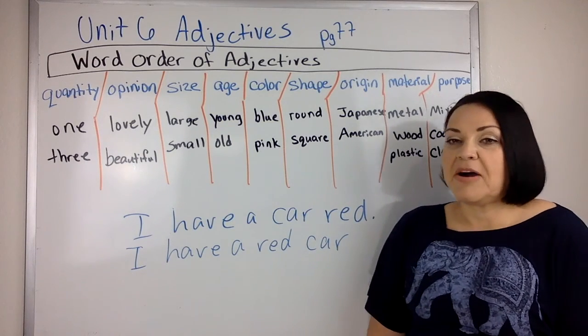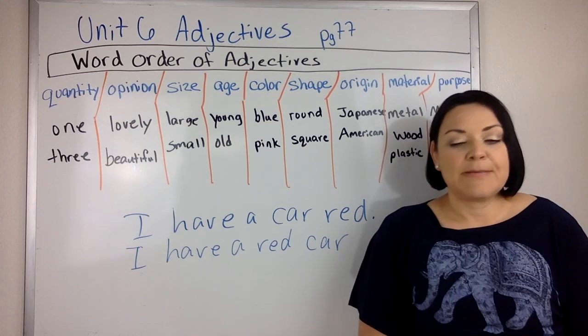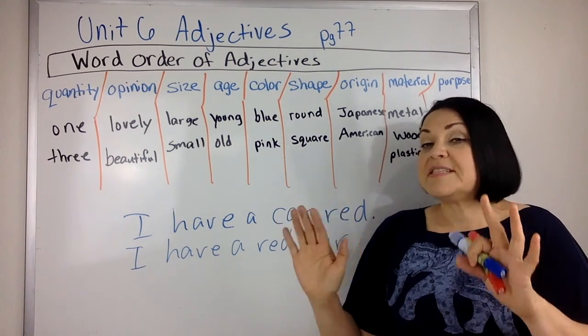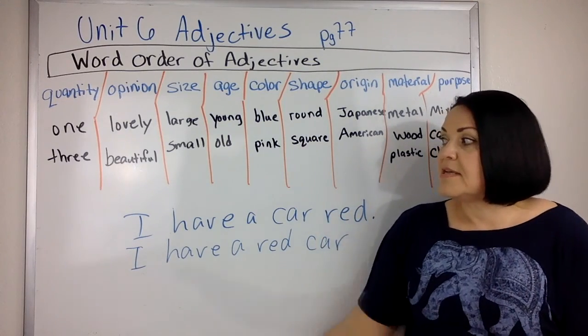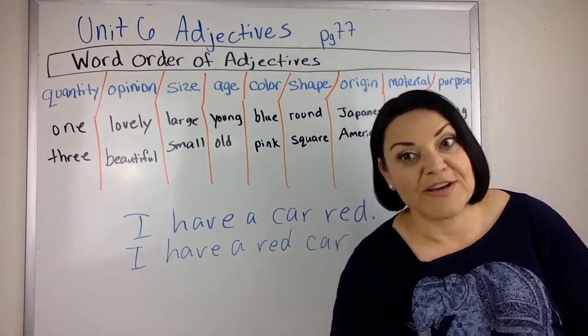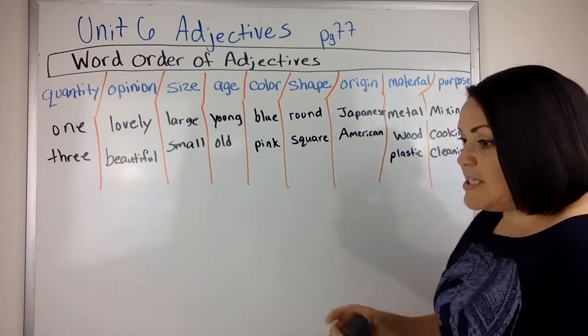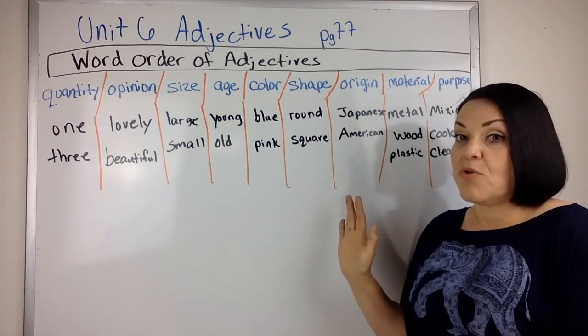Sometimes you'll look it up online and it might have a slightly different order. I do know British English and American English, they have similar orders, but some of them are a little bit different. This is the order that I know of. So if you're going to use more than one adjective, you would put it in this order.